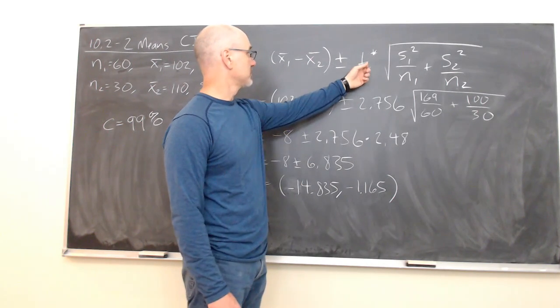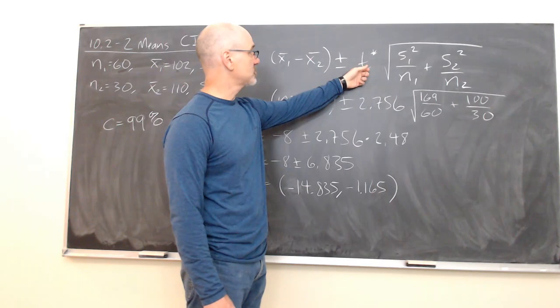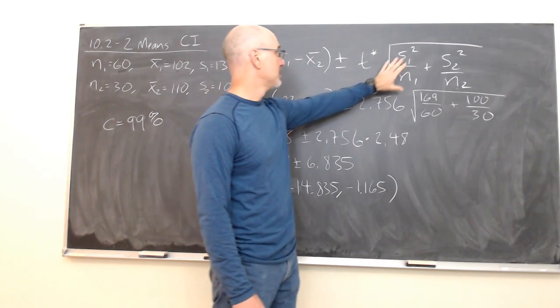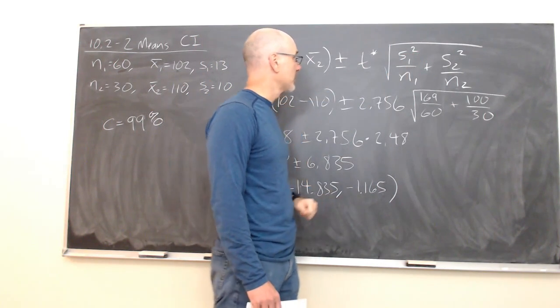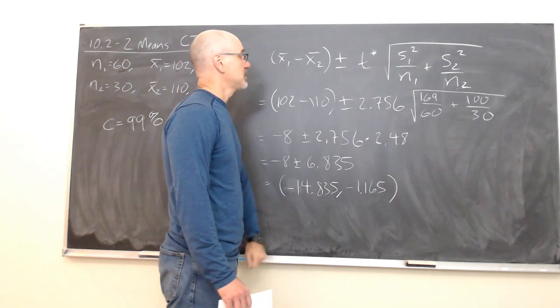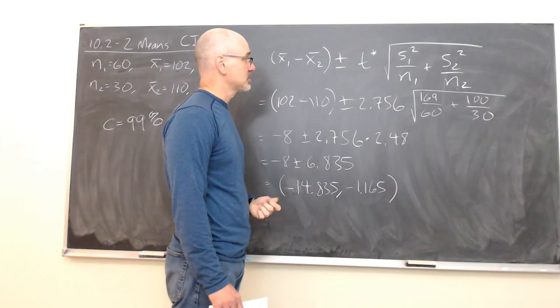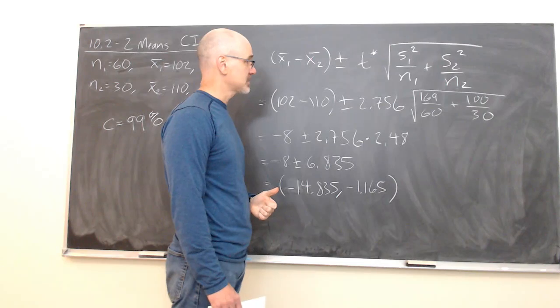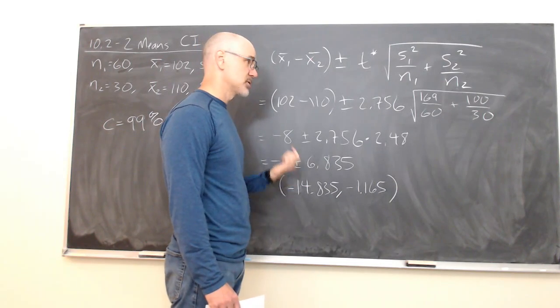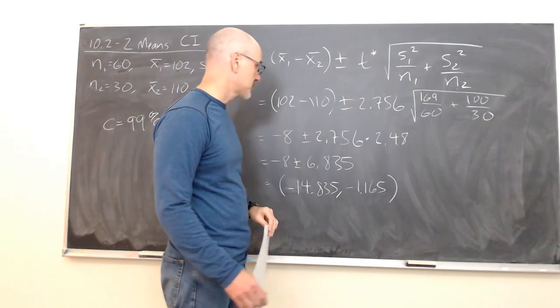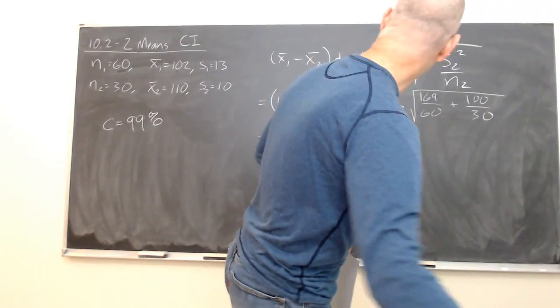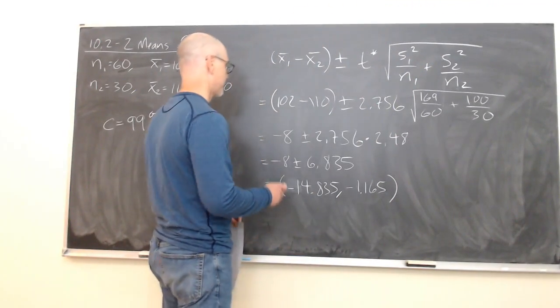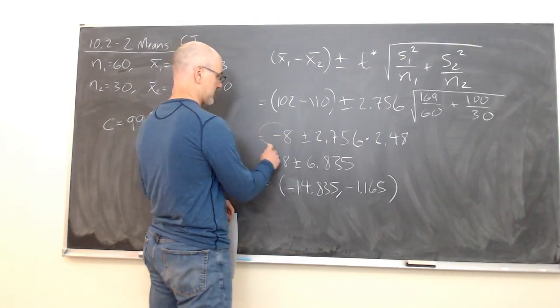So we find the critical value for the t distribution with 29 degrees of freedom, multiply by this square root that includes the sample standard deviations squared divided by their sample sizes, and then just try to keep things straight in the calculator.